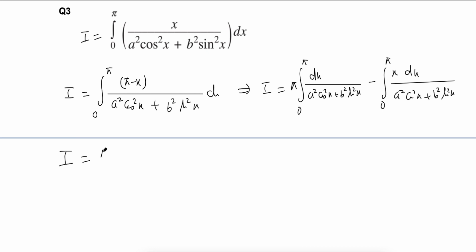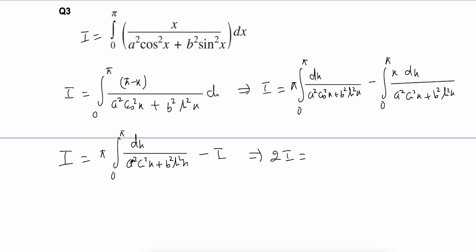So we will get pi, 0 to pi dx by a square cos square x plus b square sin square x, minus I. I will go to this side. So 2I equals, watch very carefully, cos pi minus x equals minus cos x, meaning the square.